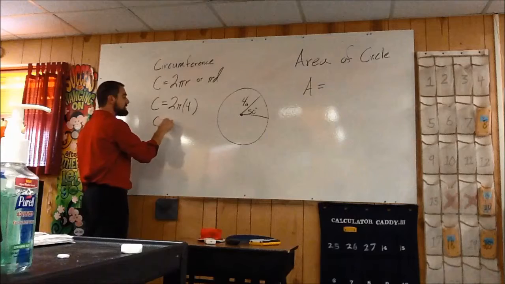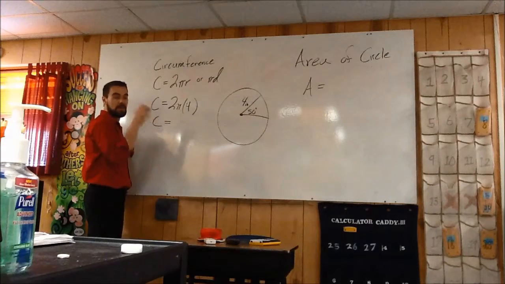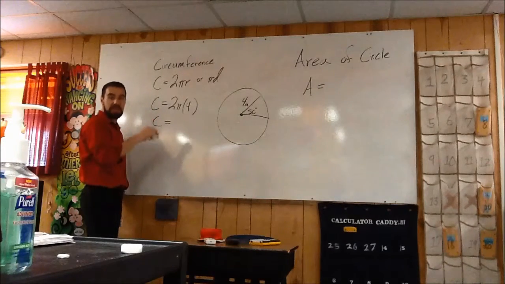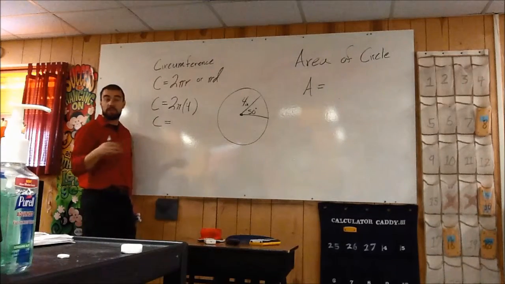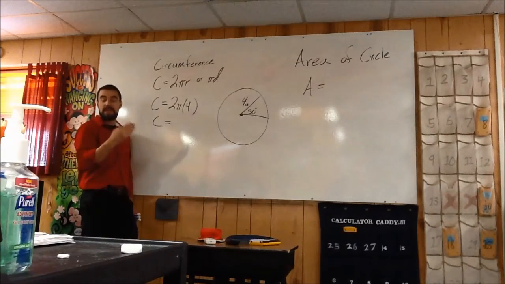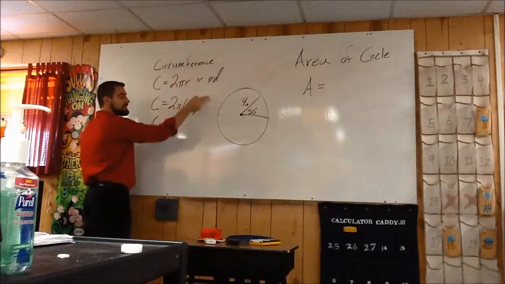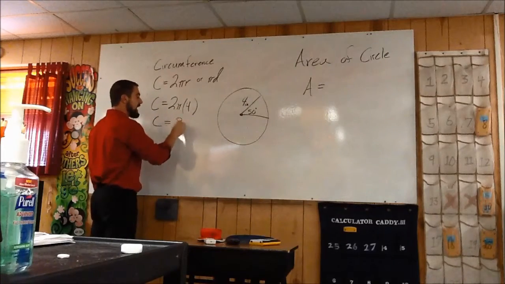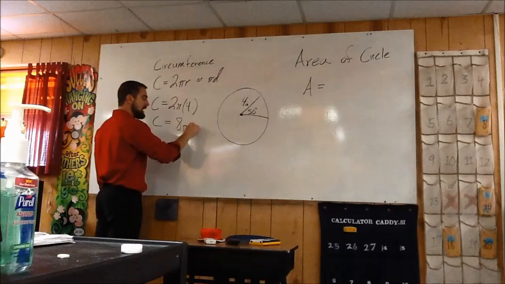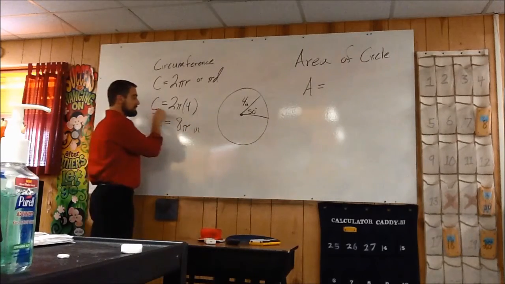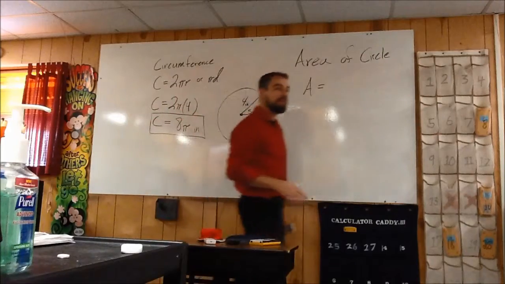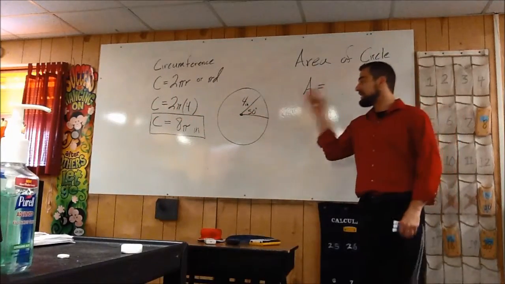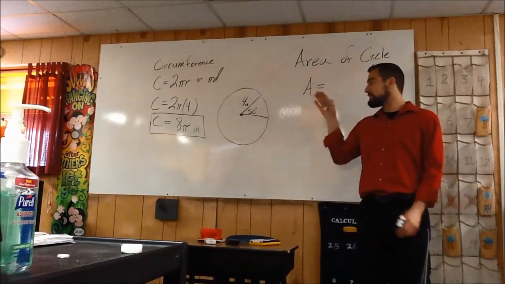When I want an exact answer, pi will be in your answer. There will be no rounding. You will not replace pi with 3.14. So the circumference of this circle is exactly 8 times pi. There's no approximation. It is exactly 8 times pi.